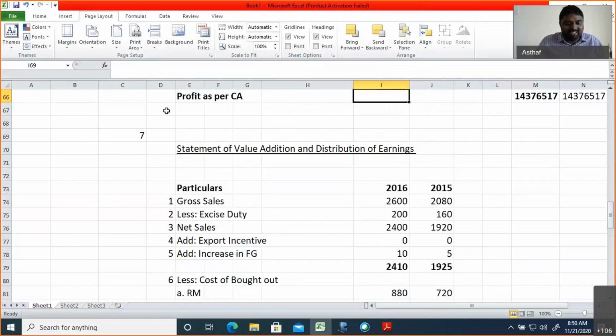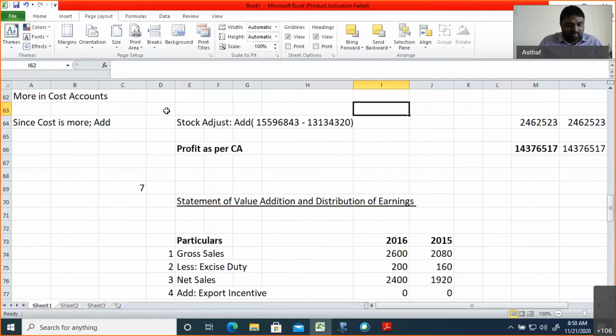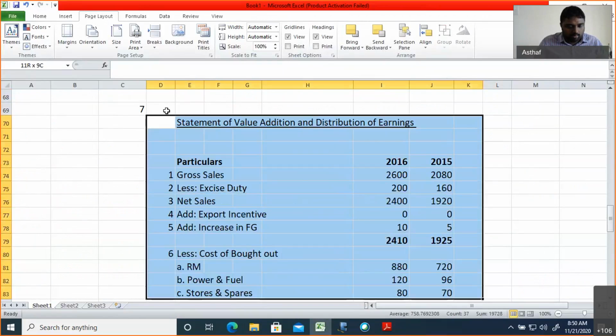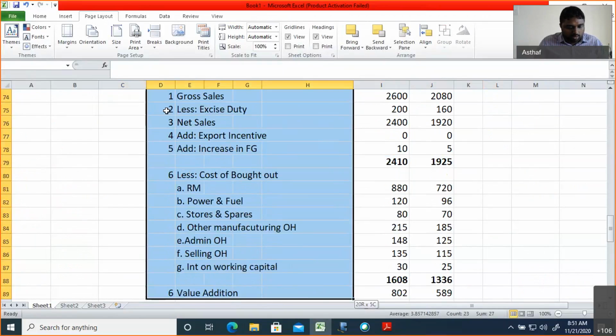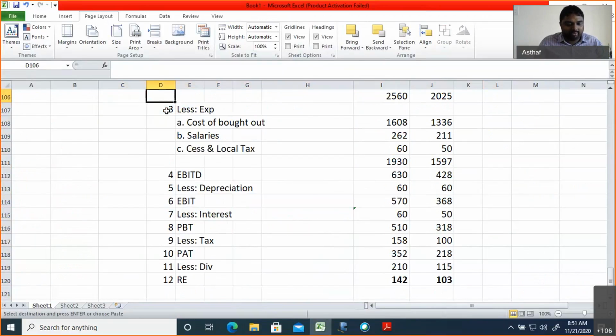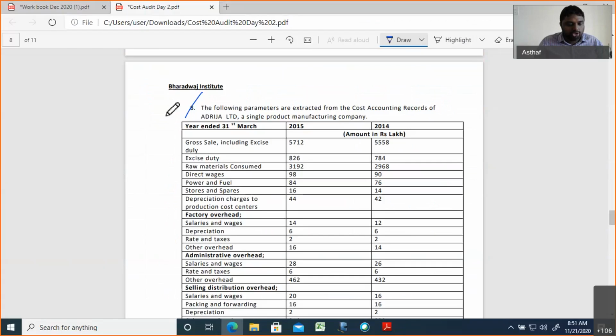For me it is very easy, I already have the format. Only value addition we require. Question number 8.